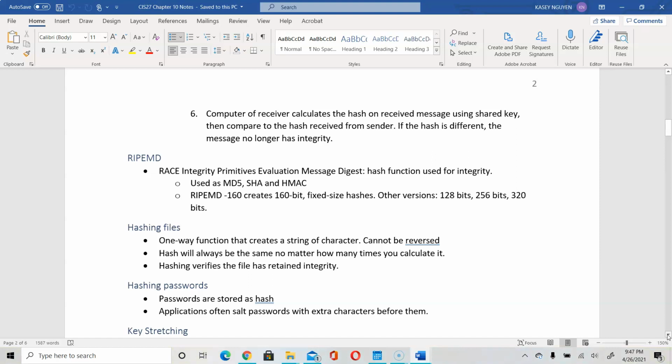So your passwords are stored as hash, and in some cases some applications can be used to generate salted passwords with extra characters stored in them. Instead of just storing the hash for the actual password, it would add additional characters, or stuff the characters into the actual hash, so that it would look like a different hash in the storage.